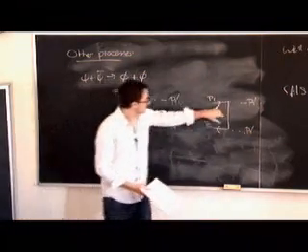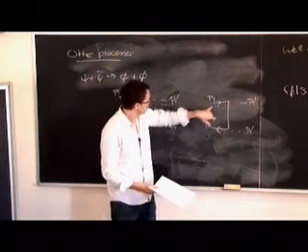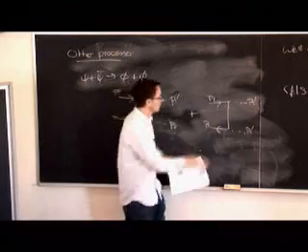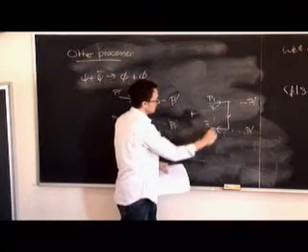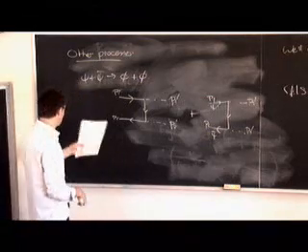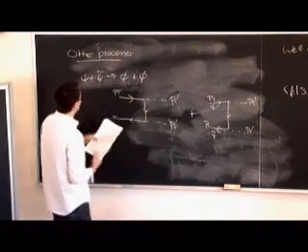Two diagrams. These are the mesons, these are the nucleons. This is the nucleon, this is the anti-nucleon, which you can tell because the arrows are going the opposite way. So this is psi, this is psi bar in both of these. Okay. So what's the amplitude for this?